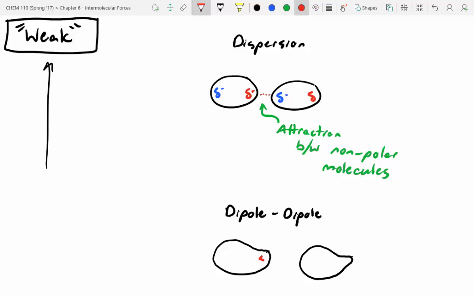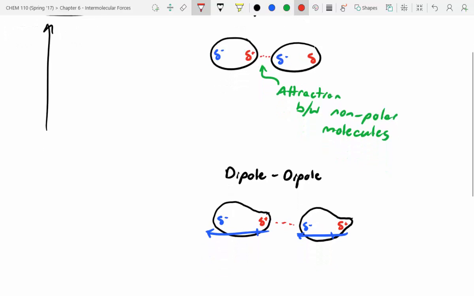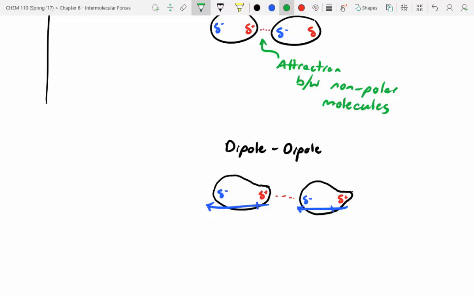And this region is really electron poor. And this region is really electron rich. Because we've got net dipoles going in one direction. And then over here, we've got this interaction between two polar molecules.